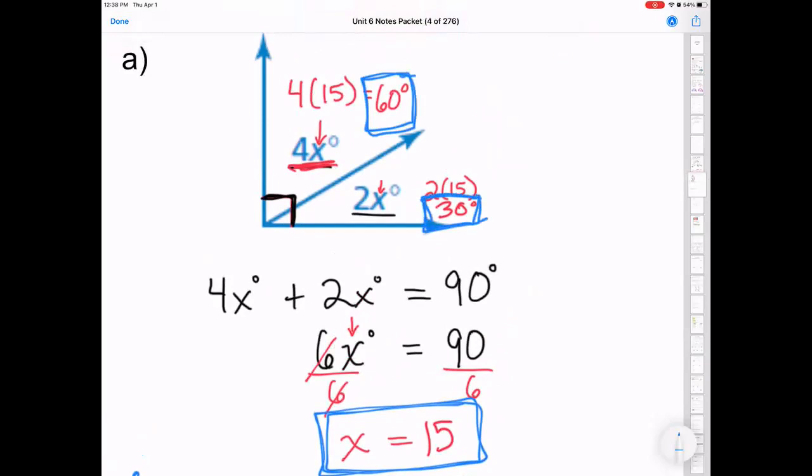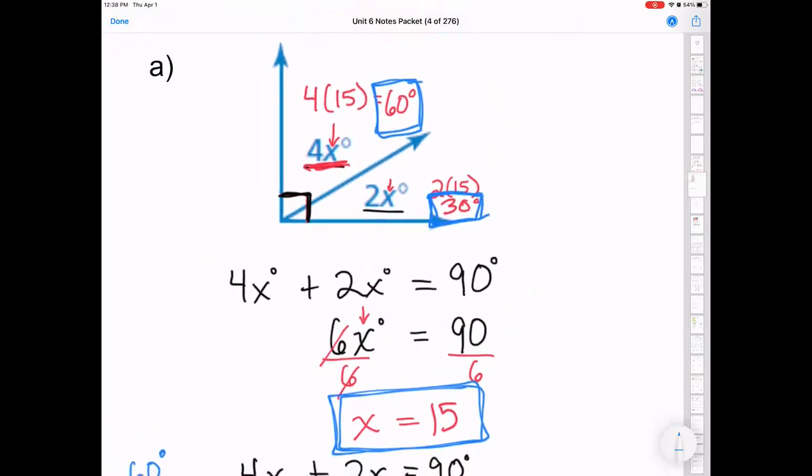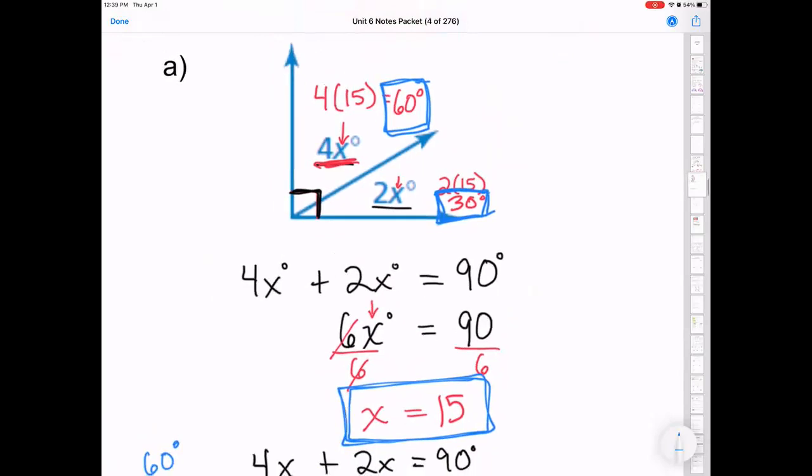So just finding x is not enough. Most of the time, usually, they're going to ask us to find those angles. So you're really looking for those 3 items. Go ahead, feel free to pause the video and ask if you have any questions at all on this example. Again, I need the equation part, how you actually solved for it.